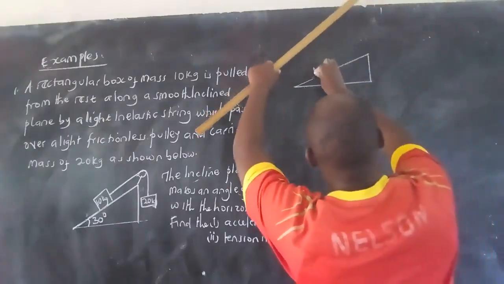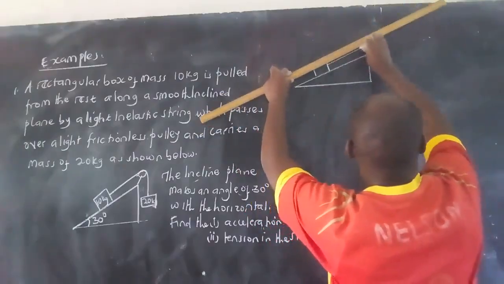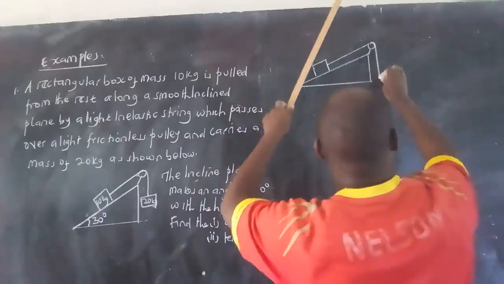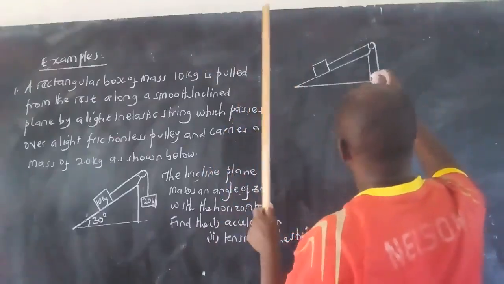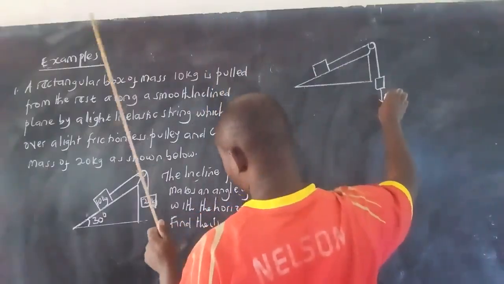Let's say the box is here. This is a pulley. So in this case, we shall have first the weight here. The weight is 20 G.